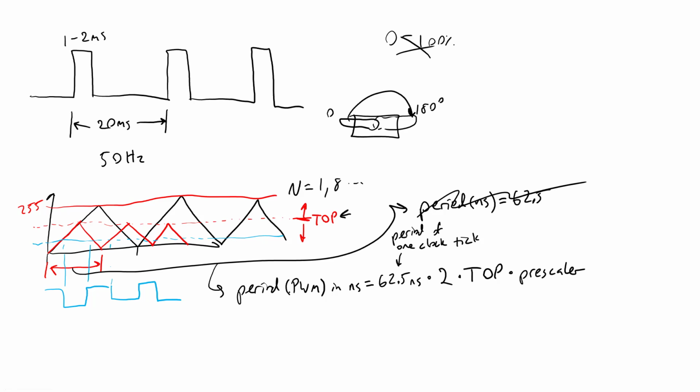So technically, if you have a desired period, you have one equation with two unknowns. You can select anything between 0 and 255 for the top value, and then the prescaler has those values of 1, 8, and so on.